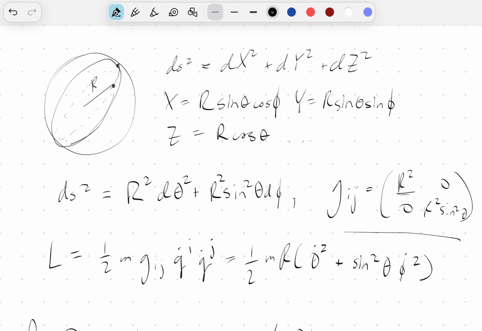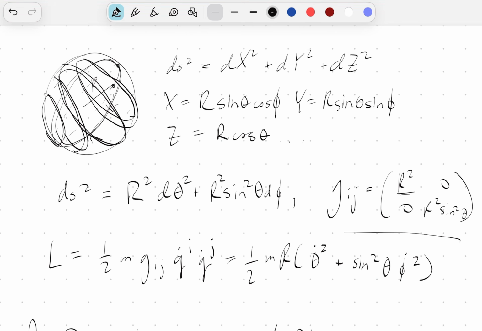You just have a free particle that's just moving on a sphere, doing its thing. Then it's just going to keep moving straight, but on a sphere, moving straight while remaining on the surface here, or even something like this or something like this. What that leaves you with is things called great circles.